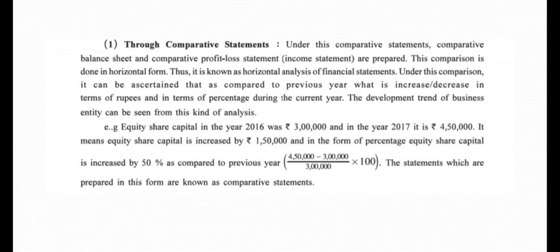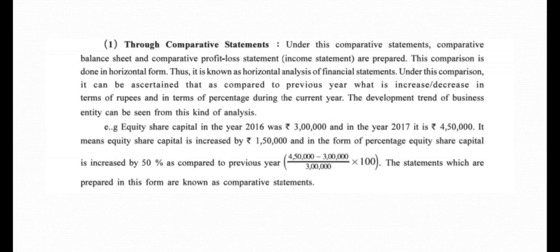Under this comparison, it can be ascertained that as compared to previous year, what is the increase or decrease in items in terms of rupees and in terms of percentage during the year. The development trend of business entity can be seen from this kind of analysis.